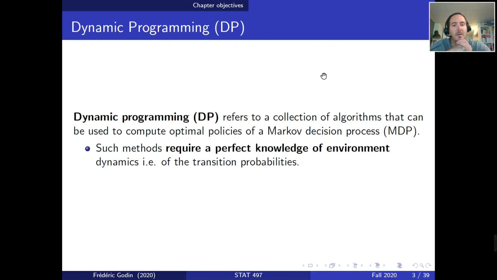One key element I want to highlight here is that dynamic programming requires a perfect knowledge of the environment. And what do we mean by environment? We mean transition probabilities between states. If you are in a state and you do an action, dynamic programming assumes that you know exactly the probabilities of landing in each possible subsequent state.